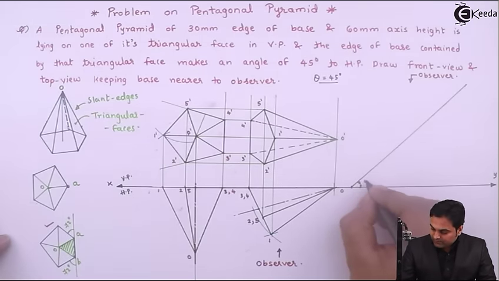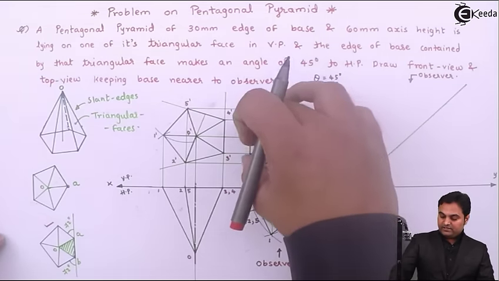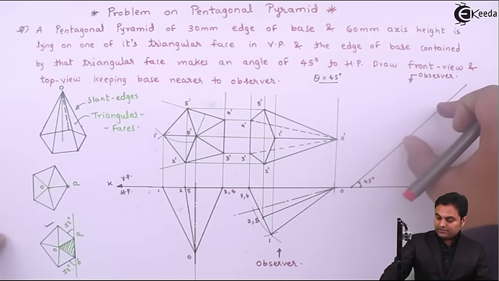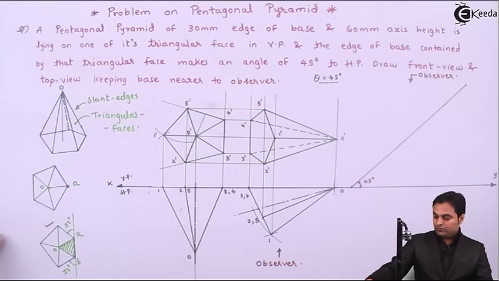I'll mark the angle here, 45 degree with HP seen in VP. The base edge 3 to 4 will be marked over this, and the base is closer to the observer, so the pyramid will tilt down.